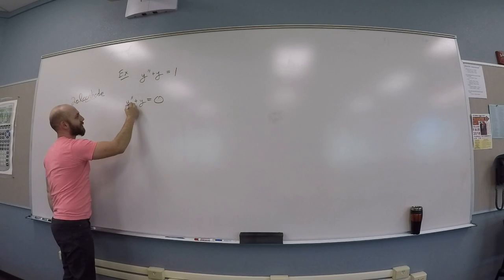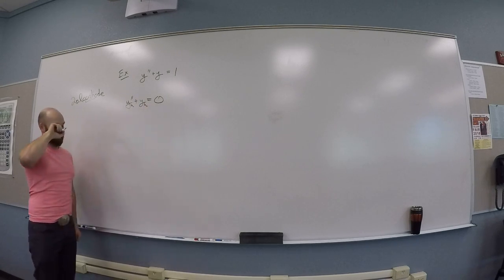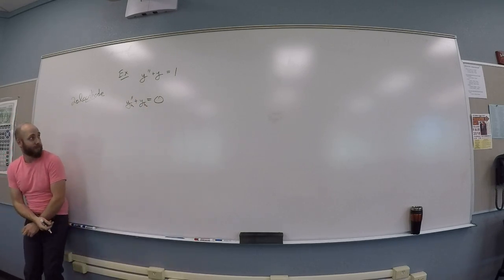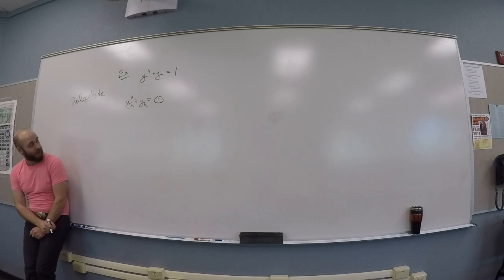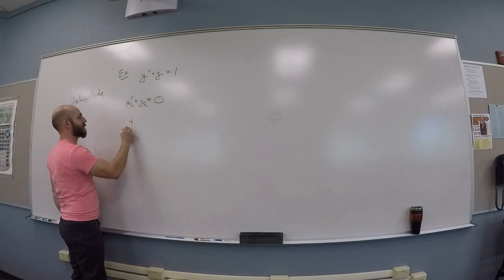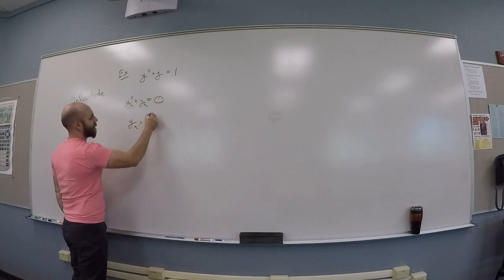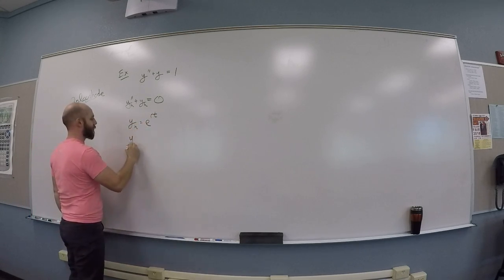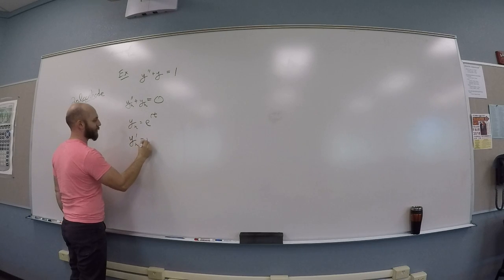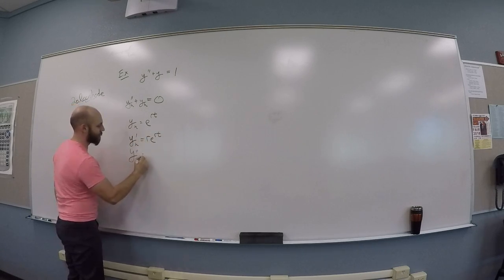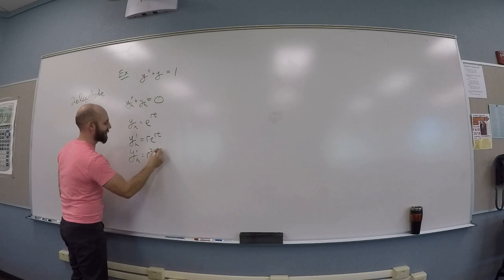If you treat the homogeneous version, you've got y double prime plus yh is 0, and then guess e to the rt. Then yh prime is r e to the rt, and yh double prime is r squared e to the rt.